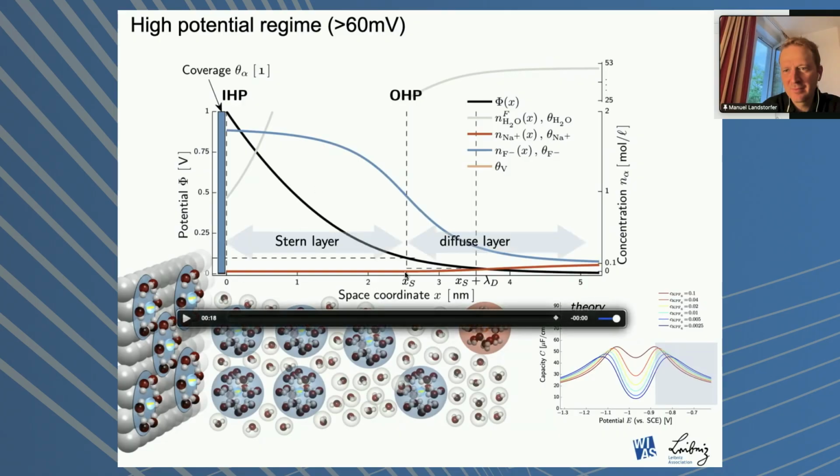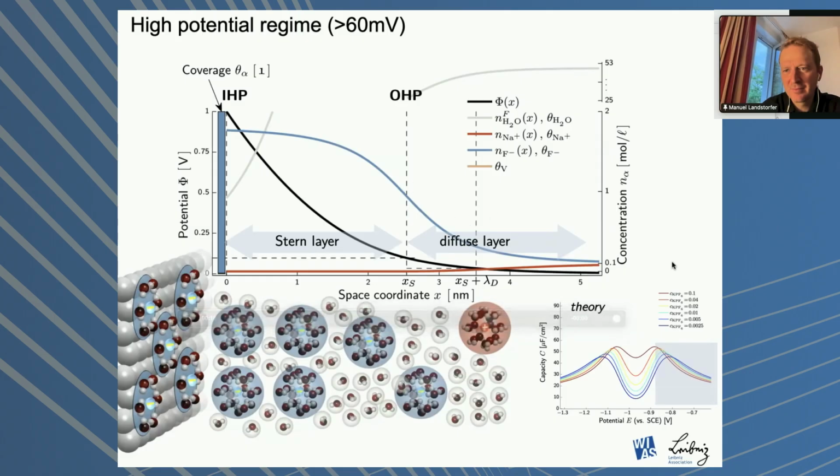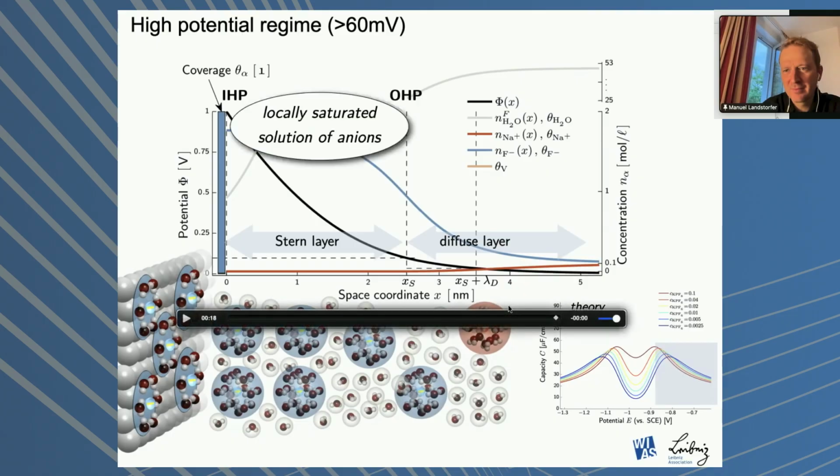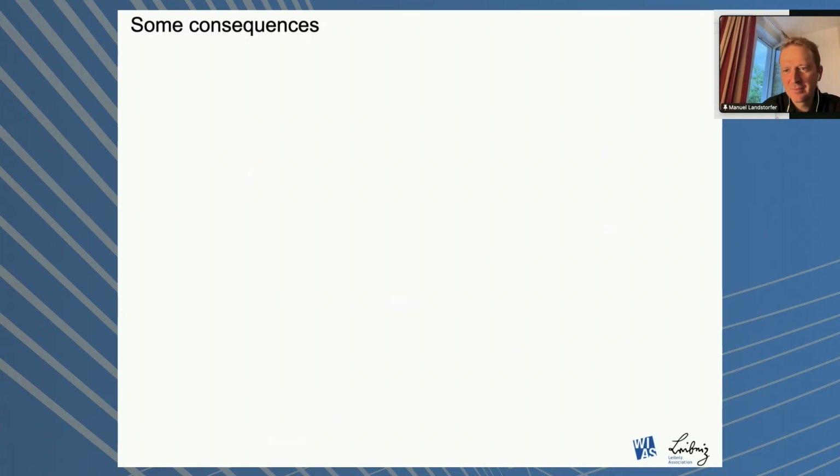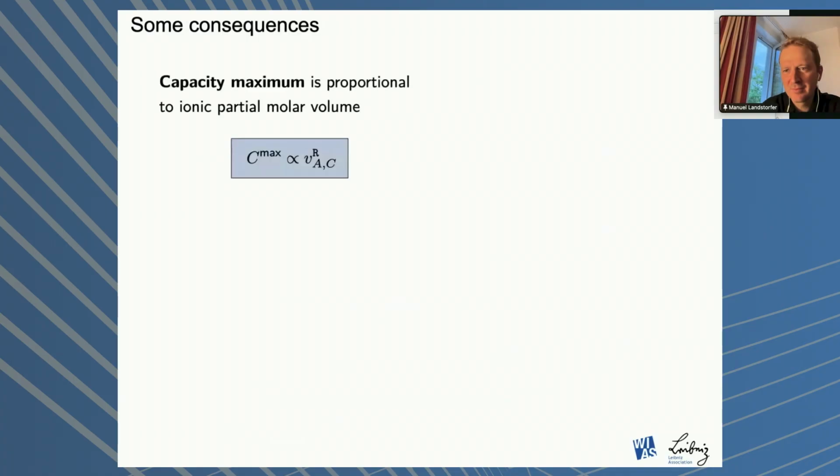This is just wording, but from the surface to the inflection point you can call this the Stern layer, and from the inflection point towards the counter electrode you have a diffuse layer. You have a locally saturated solution of anions here, which are the origin of the capacity maximum.